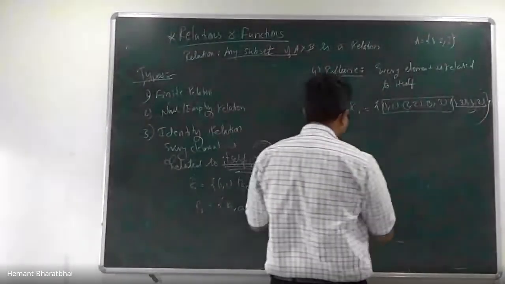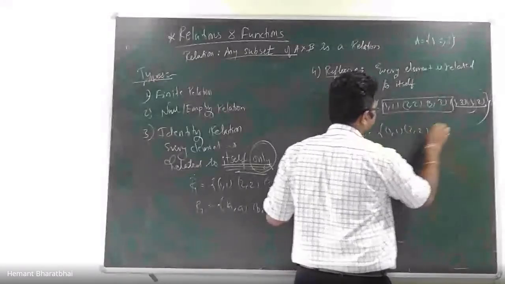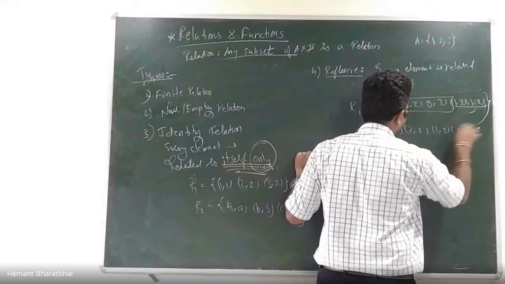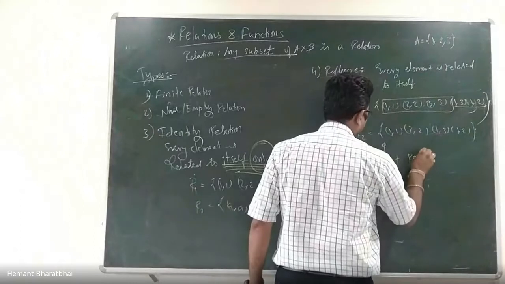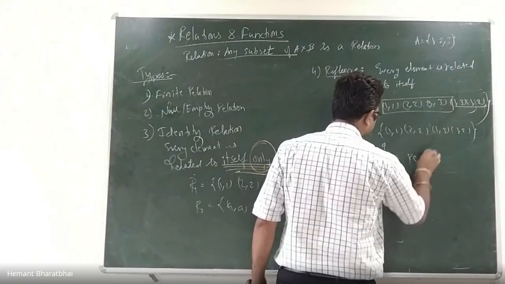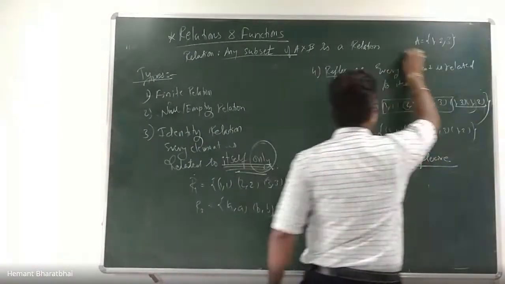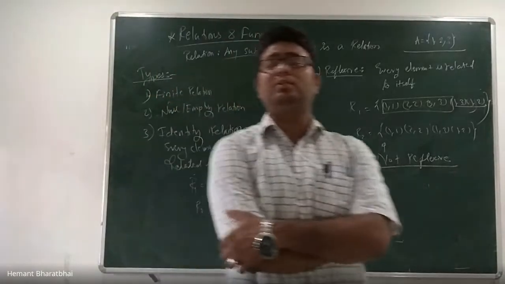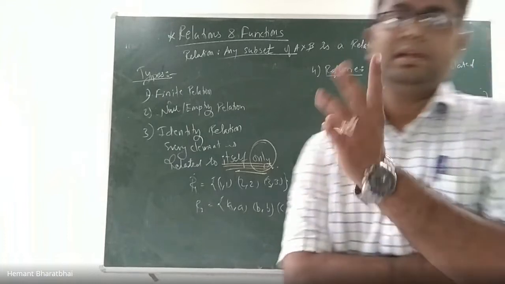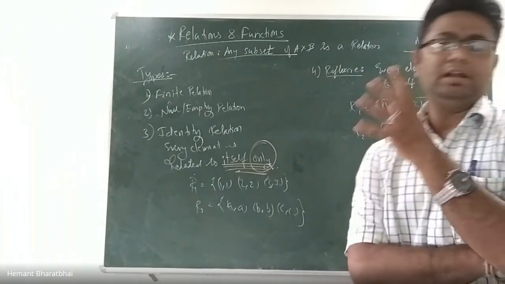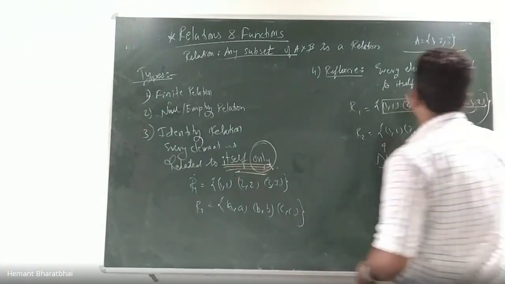But suppose I write like this. Now, this is not reflexive. Why? Because my set A was having the elements 1, 2, 3. So 1 is related to itself, 2 is related to itself. There should have been 3 also. The relation of 3 should also be there with itself. Why?